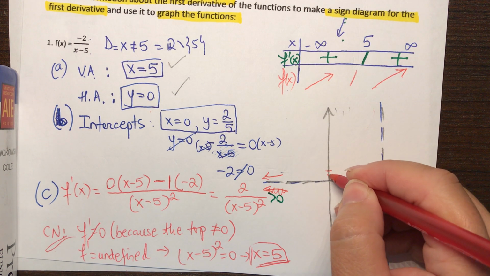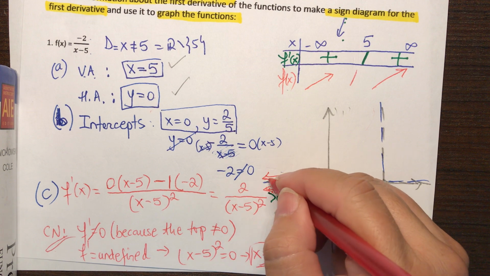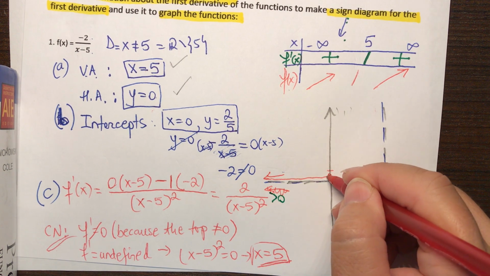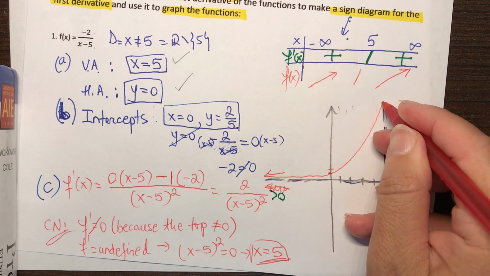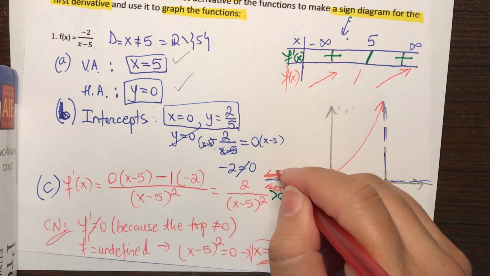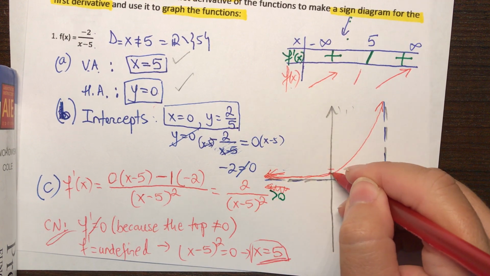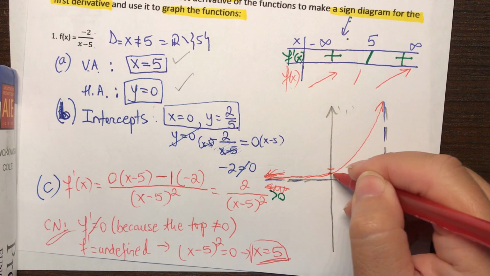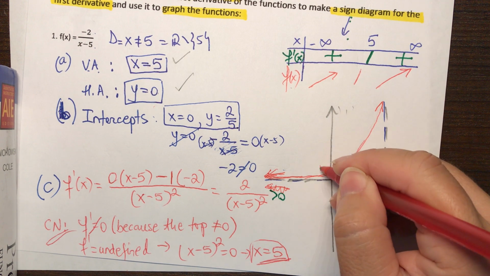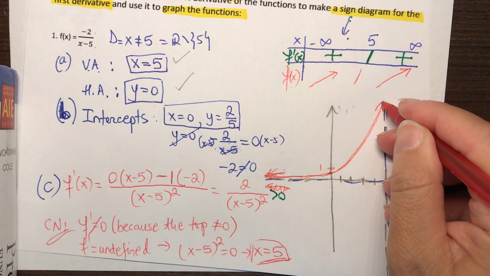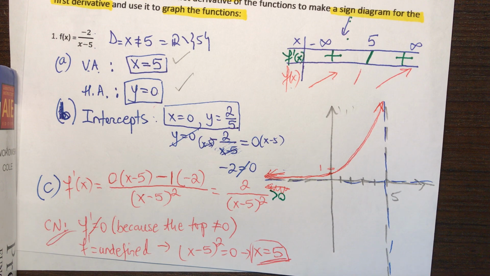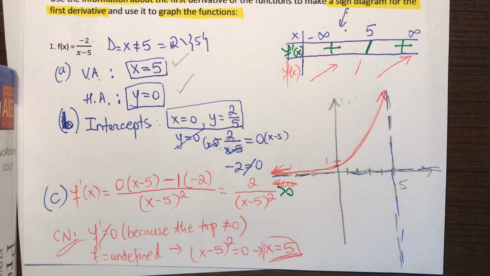Also, the other thing I know is this y-intercept. So it's going, going, going, going, crossing at 2/5, by the way, yes. And then up along the vertical asymptote, yes. So that's what the asymptotes are. They're going to get closer.